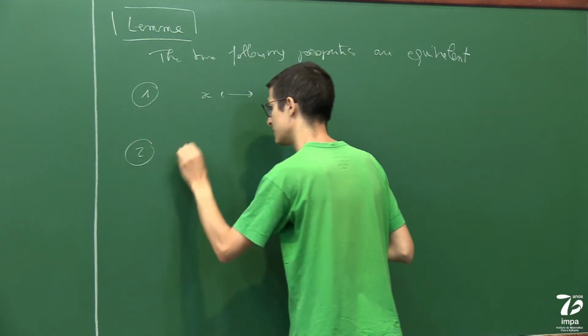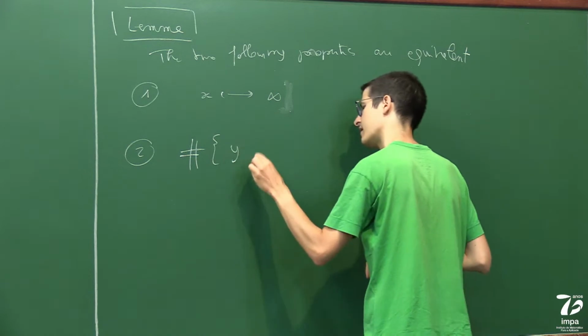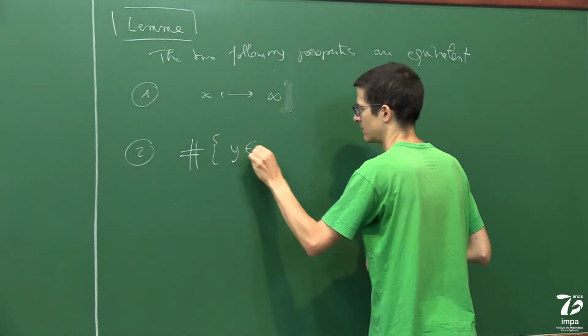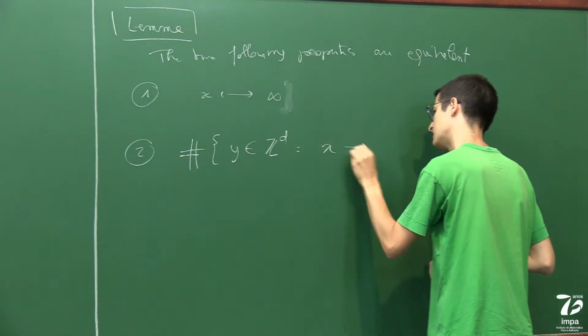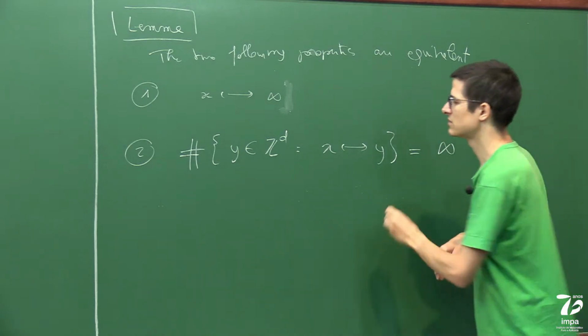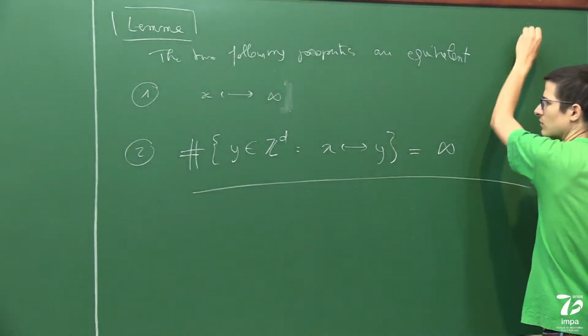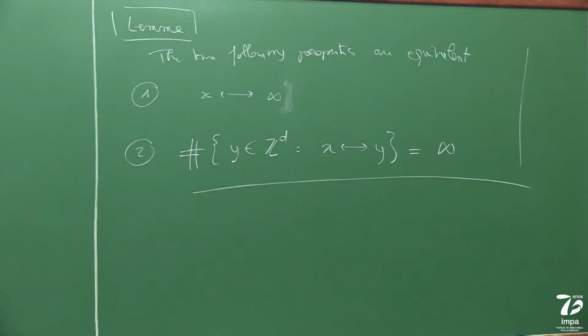And second is the number of y in Z^d such that x is connected to y is equal to infinity. So it's the same thing to say that x is connected to infinity and to say that x is connected to infinitely many vertices.